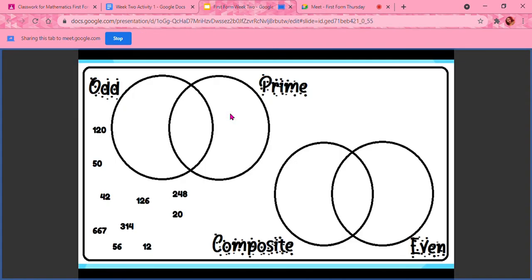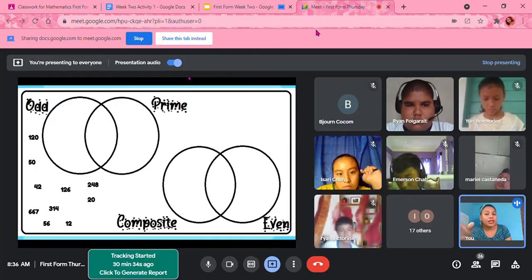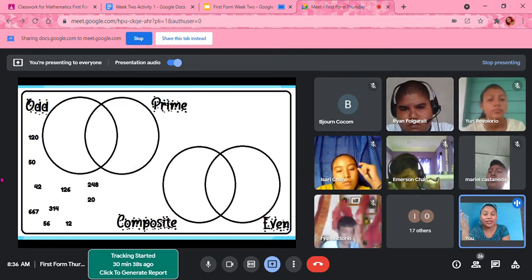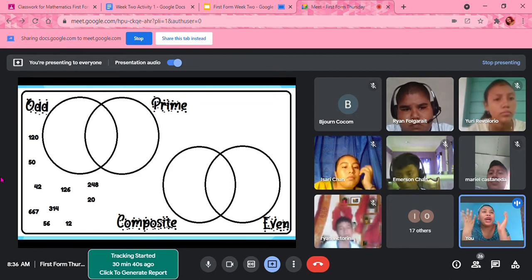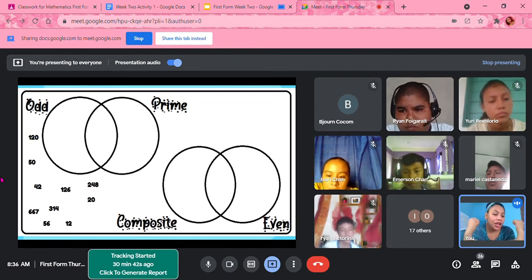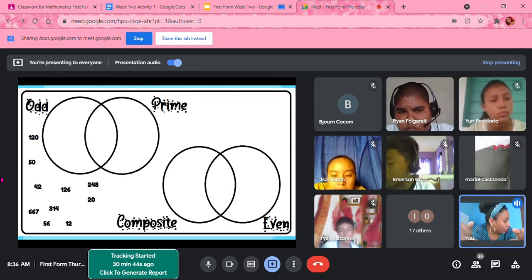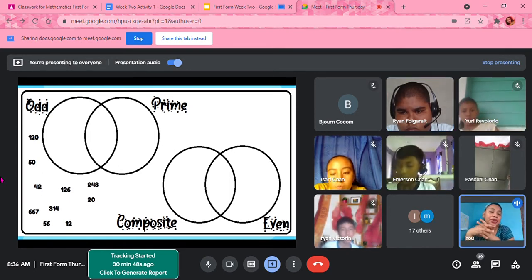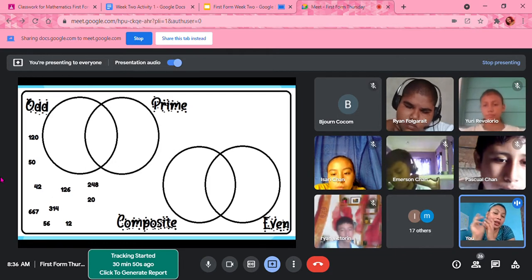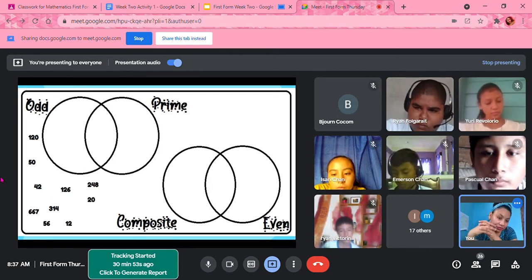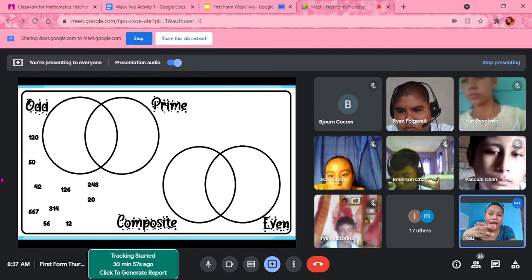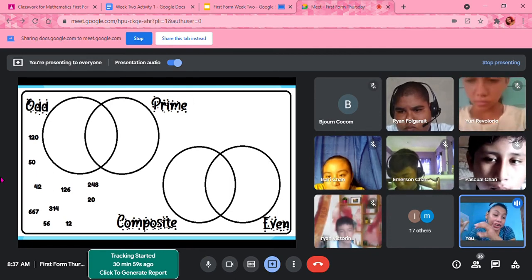All right, let's move on. Yesterday we did one of the Venn diagrams, the one that had rational, irrational, integers, whole, natural numbers. Today we're going to do the other Venn diagram. What I want you to do is look at how they are grouped.